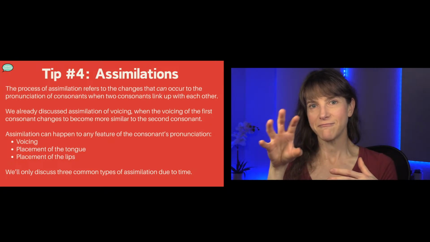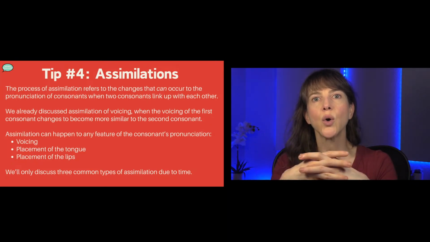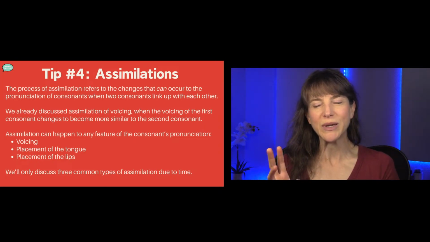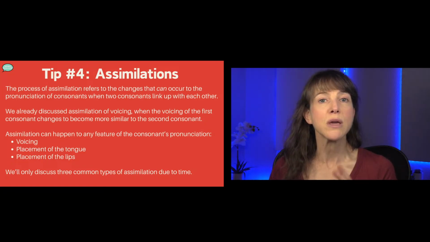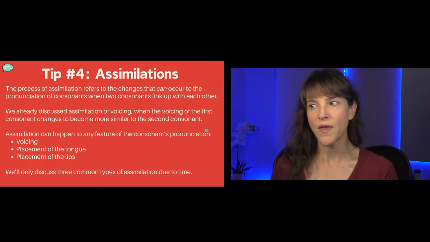That first final consonant changes, that second consonant changes, and then they make a totally new sound when you link them together. It gets a little bit strange to discuss, but we'll talk about the three most common types of assimilation just due to time, but there are plenty more that happen here.